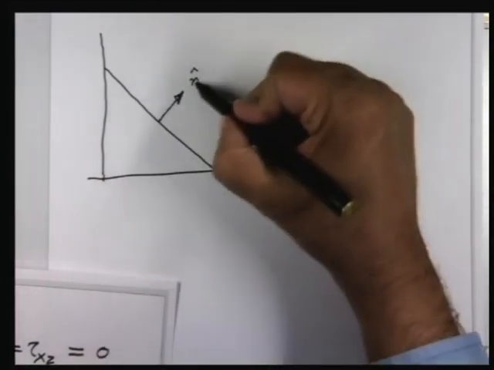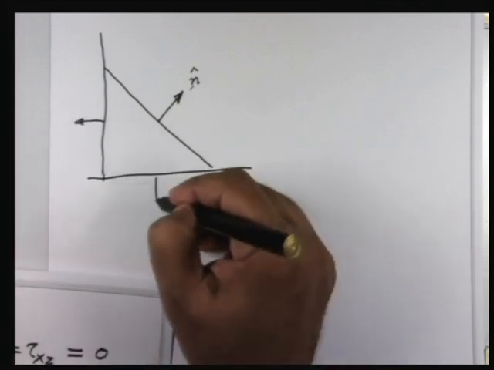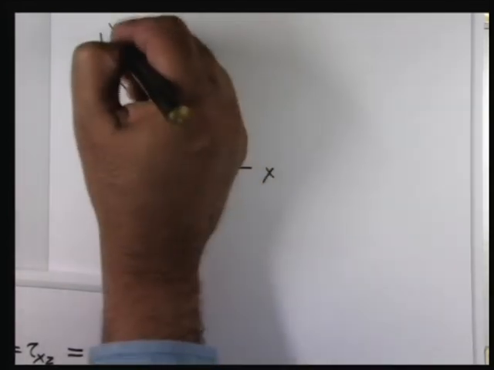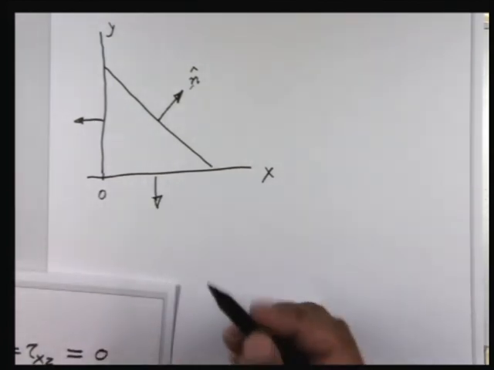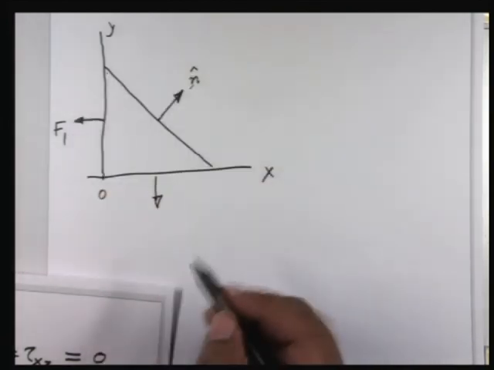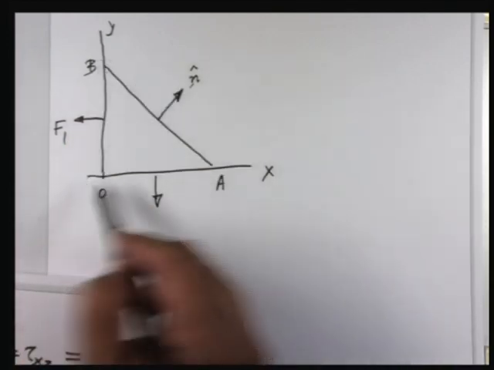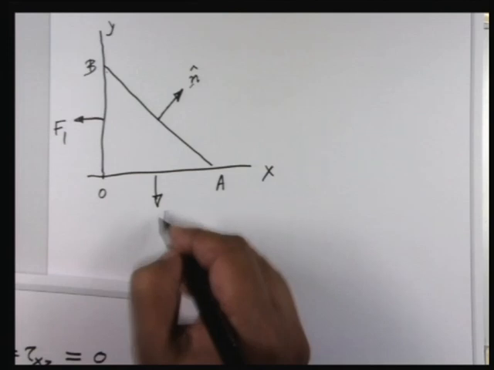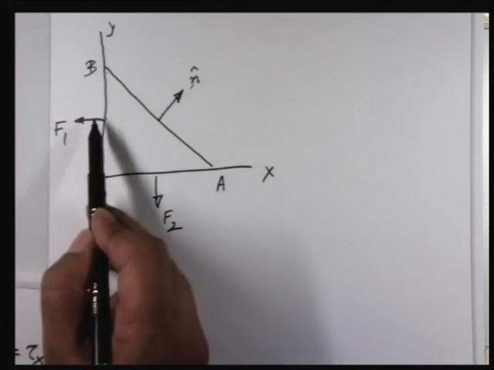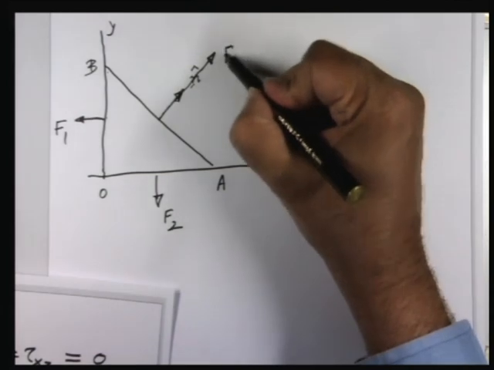If I say this is x, this is y, this is the origin O, suppose I say this is F1, the net force exerted through this surface, which we call OB, on the fluid which is inside this triangle, and let F2 be the force. I am showing the direction as F1. If you find it is negative, that means it will point the other way about. And similarly here, you may have a force which is F3.